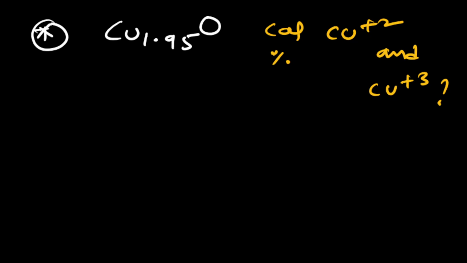Fast. Same thing: make the fraction into a complete number. After making the fraction into a complete number, that much of copper is present in the compound. One part is present as Cu +2, and one as Cu +3. So tell me how much is Cu +2 and how much is Cu +3. Fast.